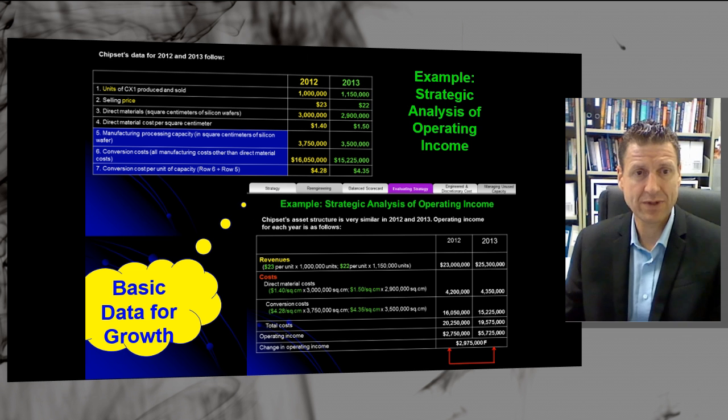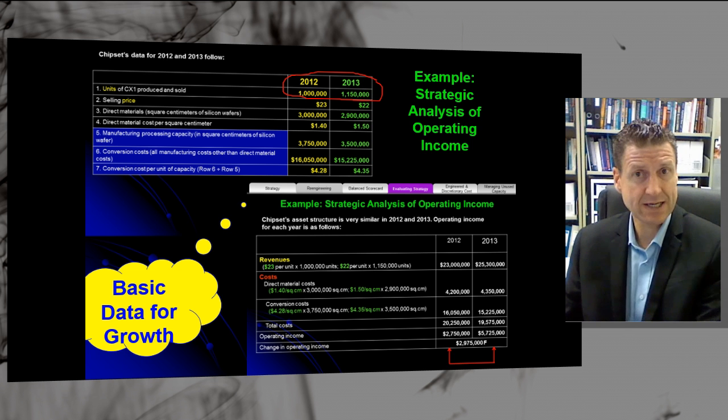So we're looking for the data for growth out of our total data set. These are the two PowerPoint slides that I showed you earlier. I just want to show you again to remind you what data we are working on. So we've got units produced and sold. Okay, that's an important part for the growth component. So let's get into the first calculation, shall we?